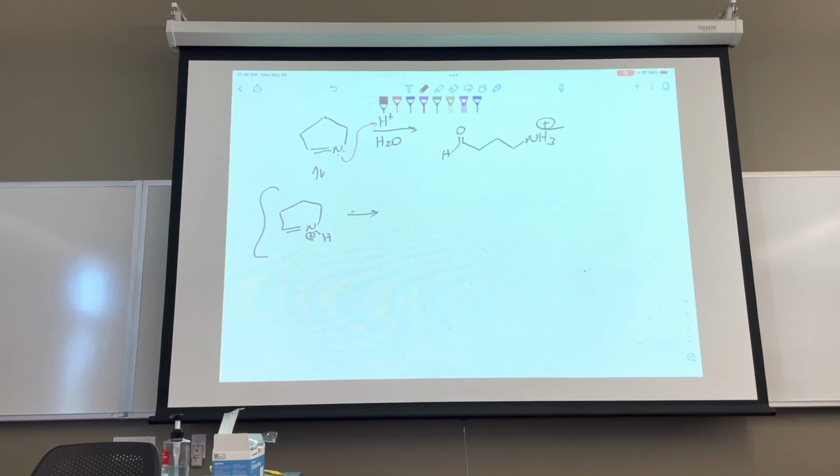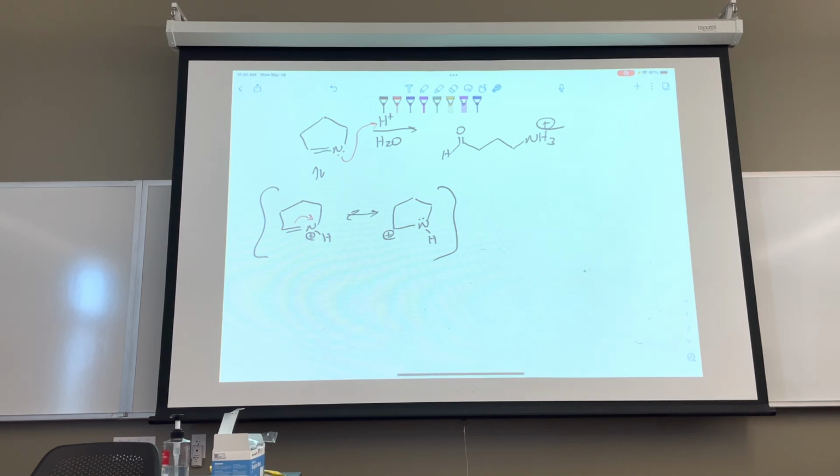So if I were to draw the resonance form of this structure, we get something like that. So basically all I did was I gave the pi electrons to the nitrogen, all right, which put the positive charge on the carbon. And this should make some pretty decent sense to you because of the two resonance forms, both of them are positively charged resonance forms.